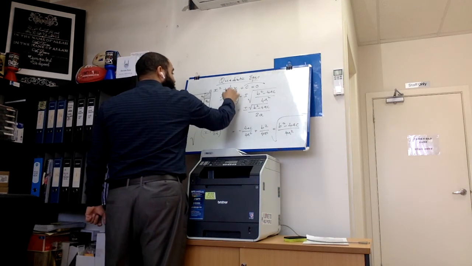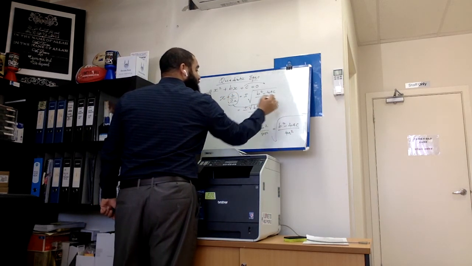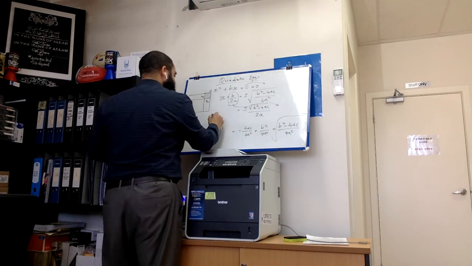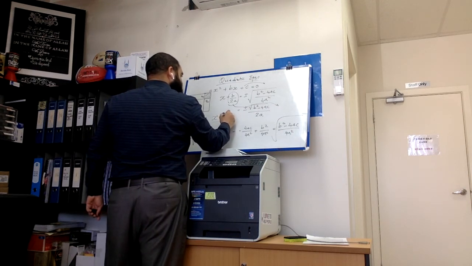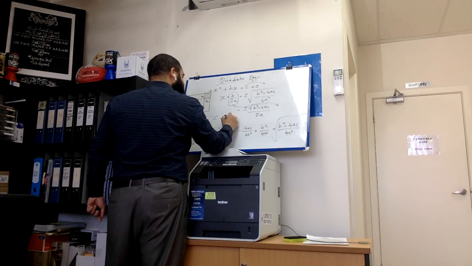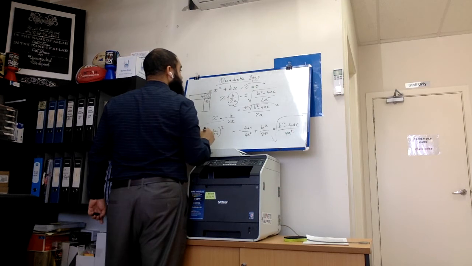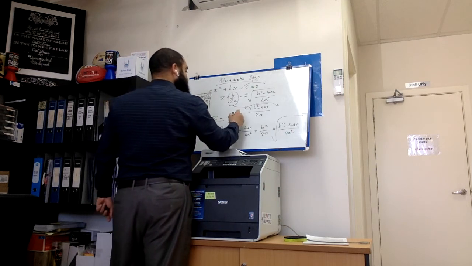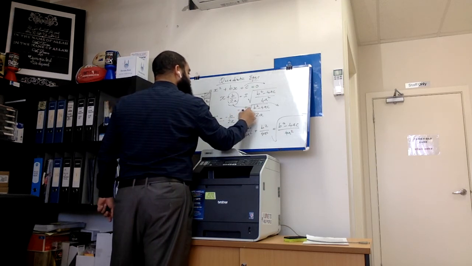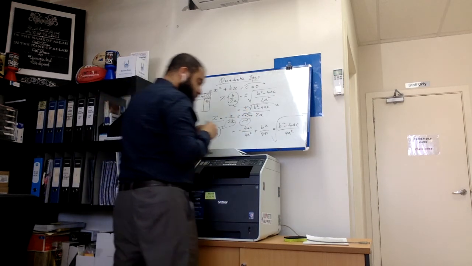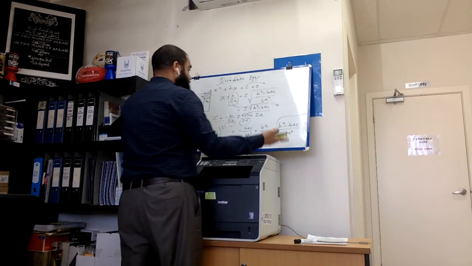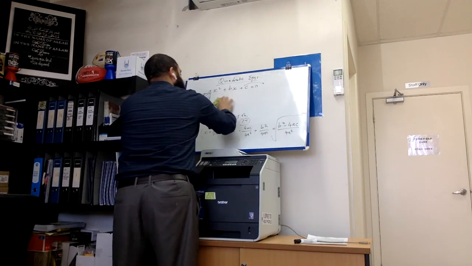So if I transfer this here, it will give me x equals negative b over 2a, plus or minus square root of b squared minus 4ac over 2a. The same denominator, so we can write it again in this form.